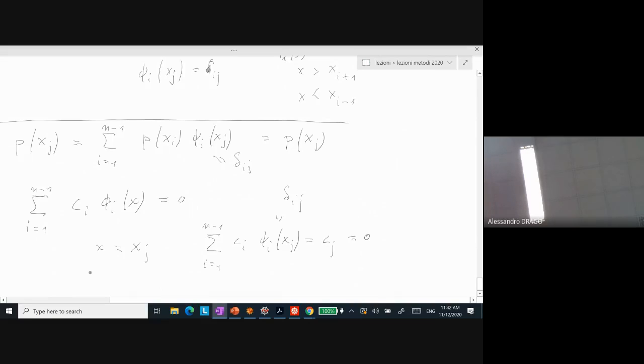Of course, this is true for whatever j. So it means that if I put to 0 the linear combination of the elements of the basis, then the coefficients must all be equal to 0. So this is a basis made of elements which are linearly independent, and they can span completely Sn.